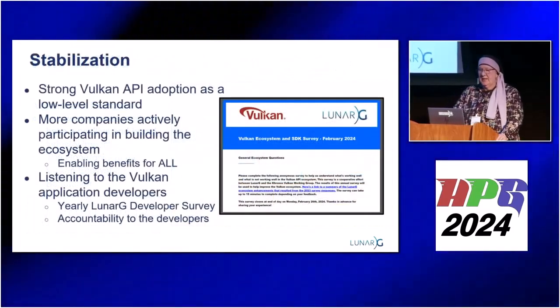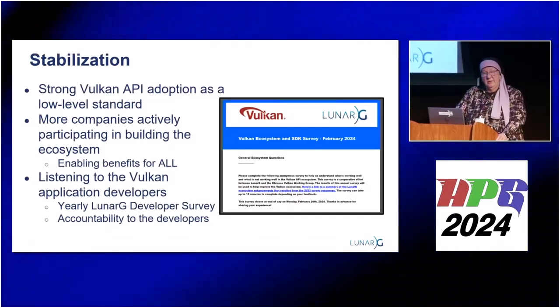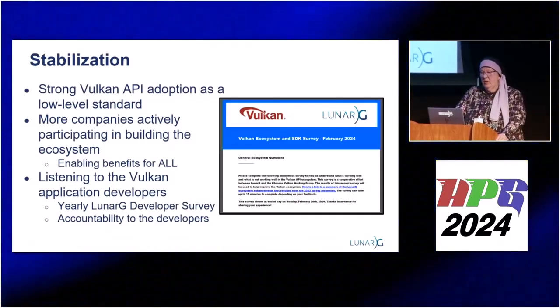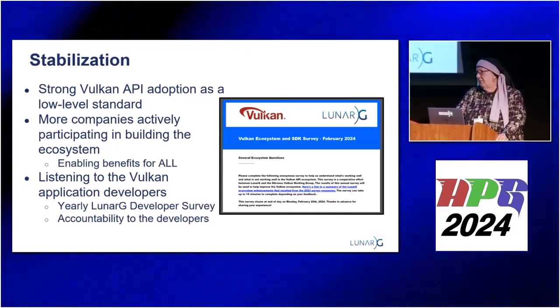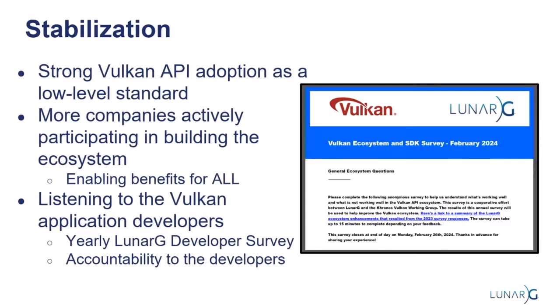So we've stabilized. There's strong Vulkan API adoption as the low-level standard. And more companies are actively participating in building the ecosystem, and this is enabling benefits for everybody. And at LunarG, we listen to the Vulkan application developers.